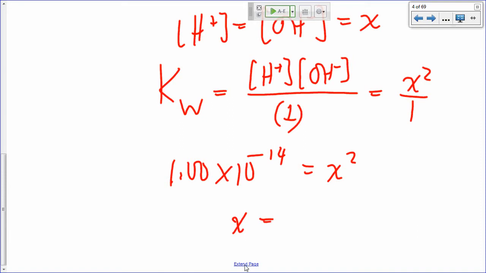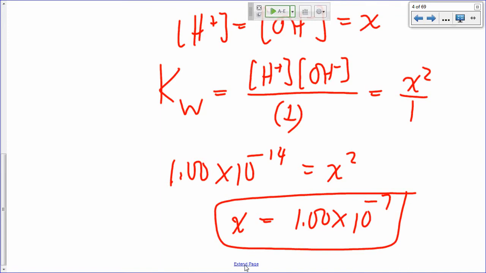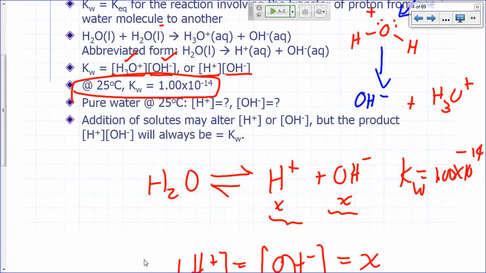So X must be equal to 1.00 times 10 to the negative 7. That is the concentration of H plus and hydroxide in pure water. H plus and hydroxide will both be 1 times 10 to the negative 7.